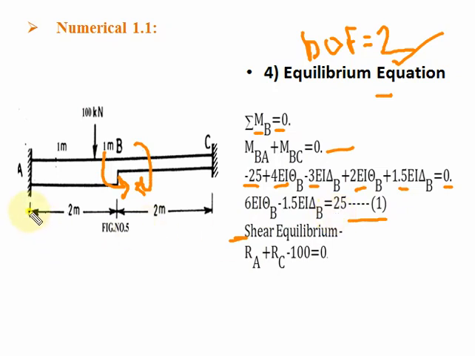Now consider the whole structure and the shear forces coming on it. Let's consider up as positive. So RA plus RC minus 100 is equal to 0.